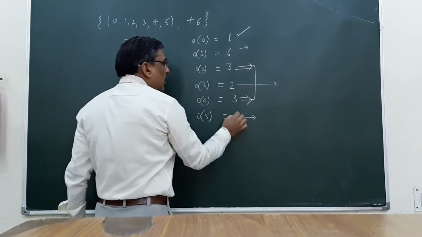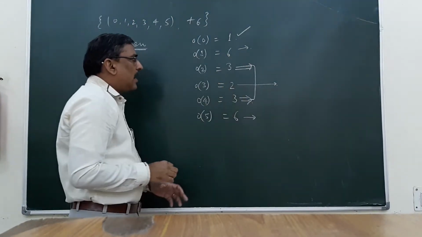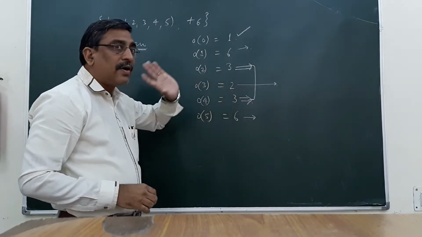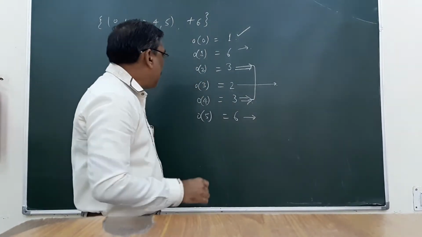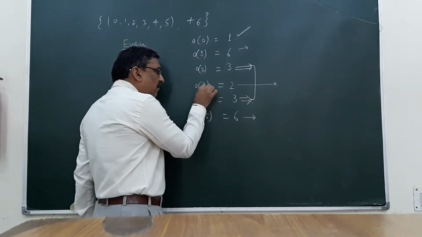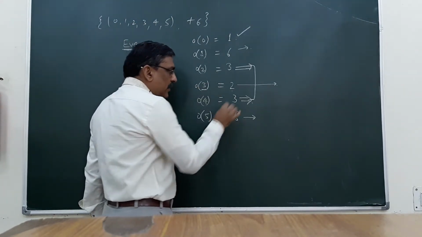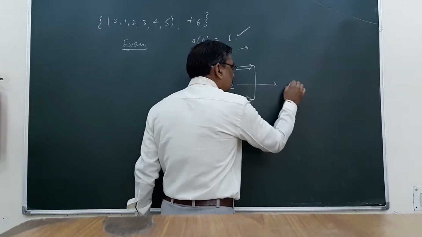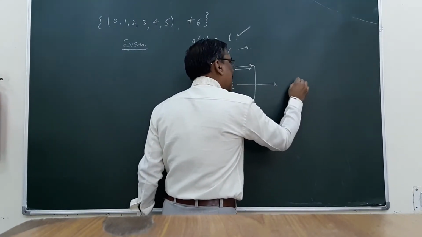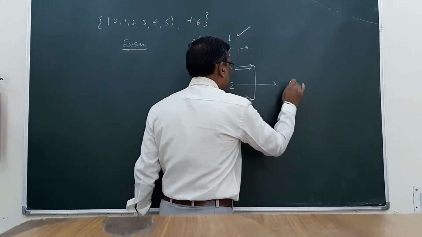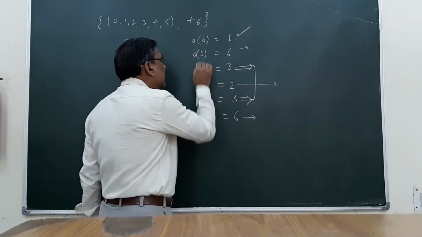So 2 and 2, 4. The remaining element will be the inverse of itself. Means 3 is the inverse of 3 itself. It means the inverse of 3 will be 3 in this case.